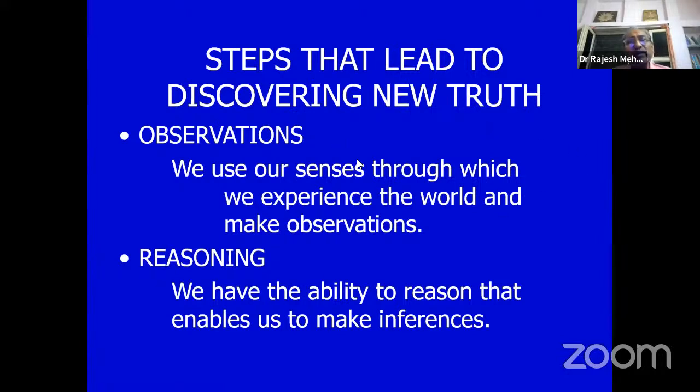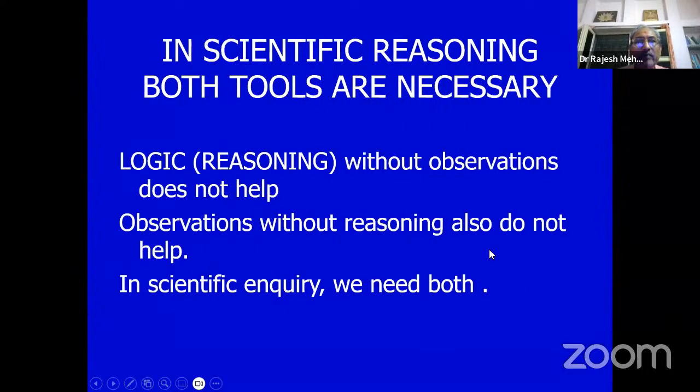So if you want to find out the truth, you should do the observation first, give a reasoning, and if possible, then you can do the experimentation also. So you need to apply logic also, and you need to observe also.